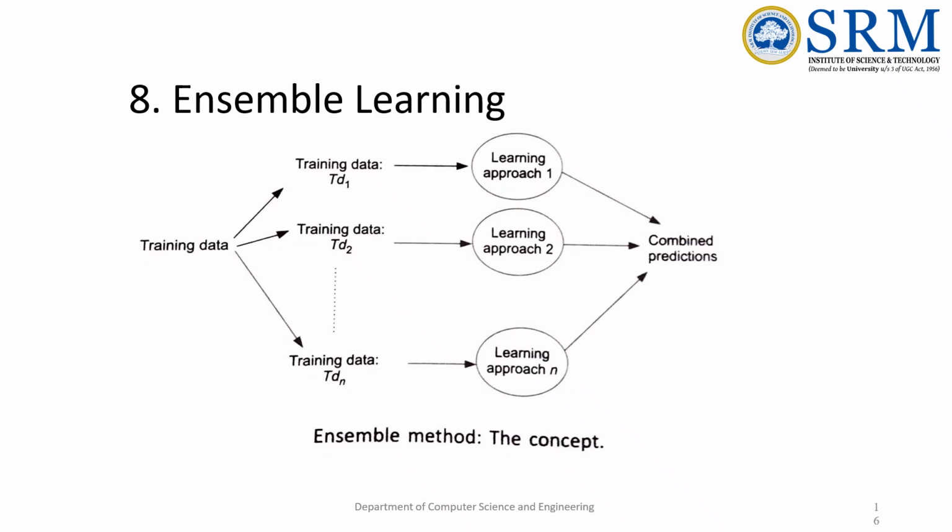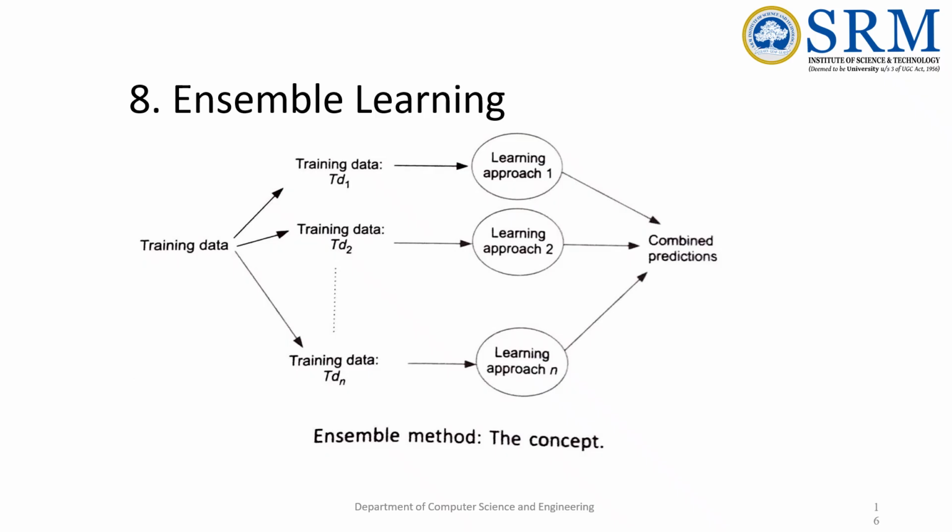The advantages of ensemble learning: high accuracy and better performance than a single model, reduced overfitting, especially with random forest, robust predictions, better generalization, handling complex problems, and improved stability.